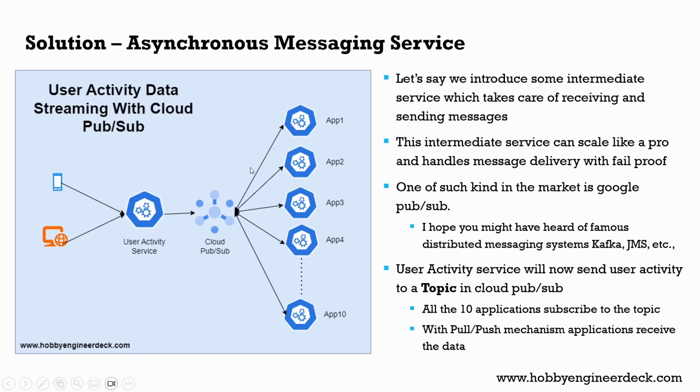And all the 10 applications subscribe to that topic. Similar to a YouTube channel: if you subscribe to a YouTube channel and the owner publishes a video, you will definitely get a notification or get that video in your feed. Correct? So similar to that.